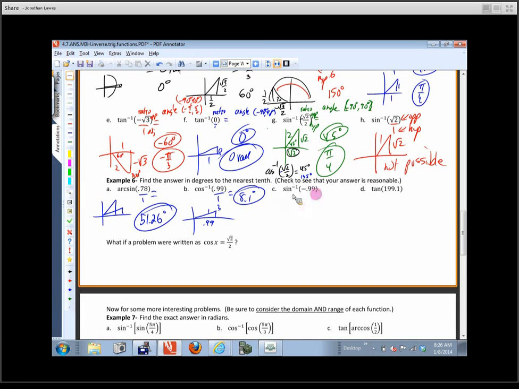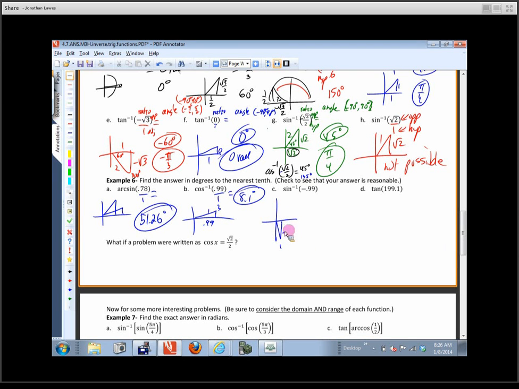Okay. What quadrant is this going to be in, first of all? Quadrant 4. 1, 2, or 3? 1, because the opposite side's got to be so big, right?